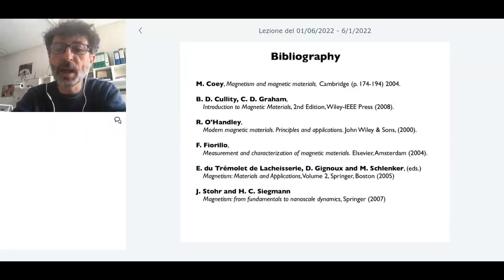So concerning sensors, magnetic field sensors, many things I've taken from the book of Fiorillo, Measurement and Characterization of Magnetic Materials. There is also this, the French have always been strong and very active in magnetism. And so this book, Magnetism: Materials and Applications, a collection of contributions from the French community working in magnetism, is also very valuable.